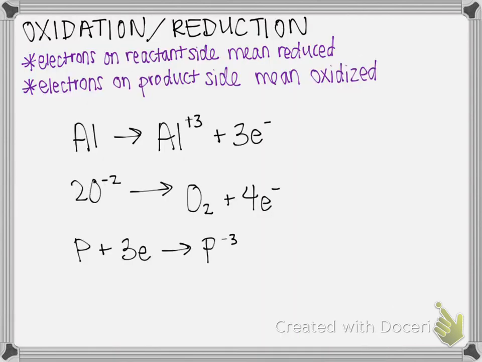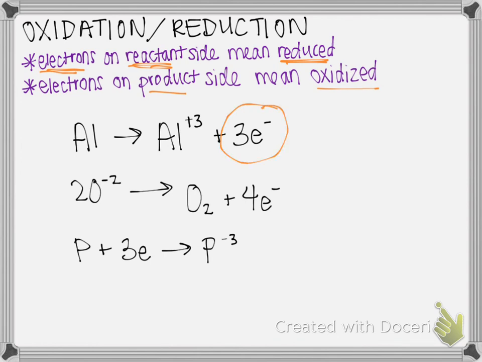The last part is just looking at half reactions, and so all we care about is where the electrons are located. If the electrons in the equation given are on the reactant side, then it means that it is showing a reduction, or it's being reduced. So I just remember reactant, reduced. If they're on the product side, that means that they're being oxidized. So in the first example, your electrons are on the right side of the arrow, meaning they're a product.